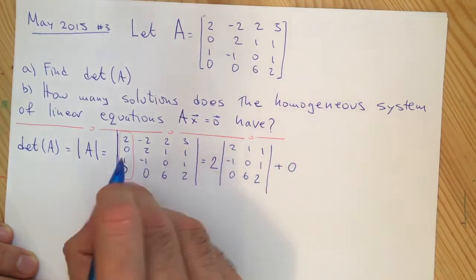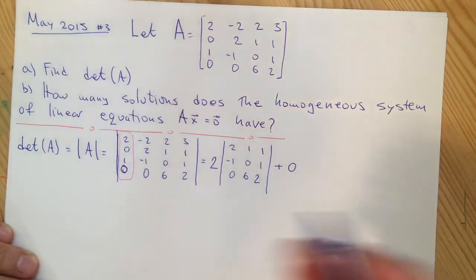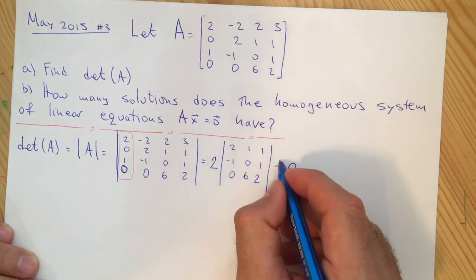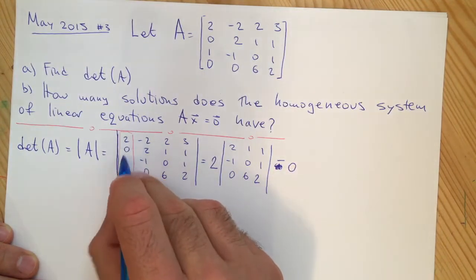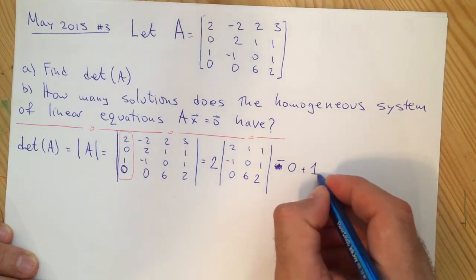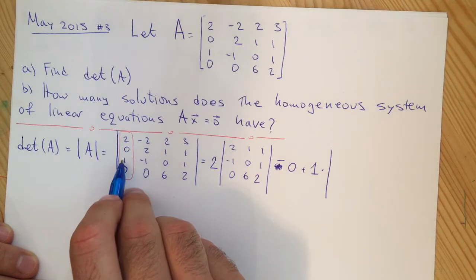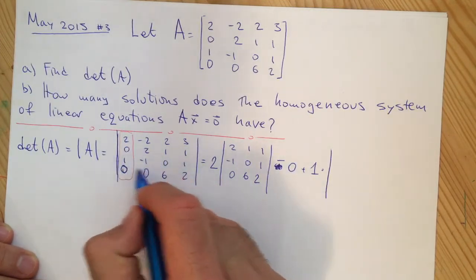Plus 0 times some determinant, and I don't care what is that because multiplied by 0 is 0. Actually, this is going to be minus because the sign changed, right? So plus minus, now plus 1 times the determinant of what? Of the submatrix created when I'm going to delete the column and the row where that entry appears.